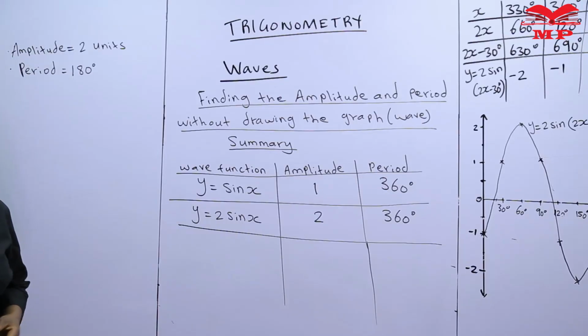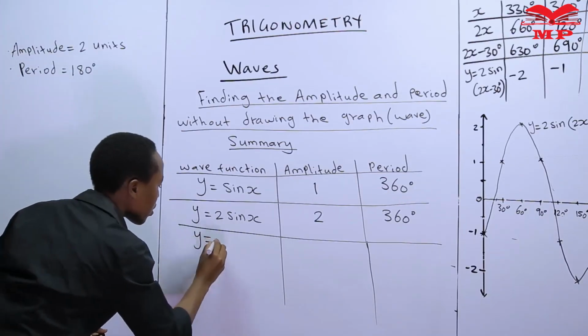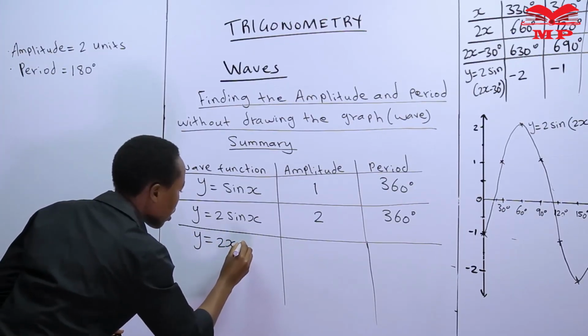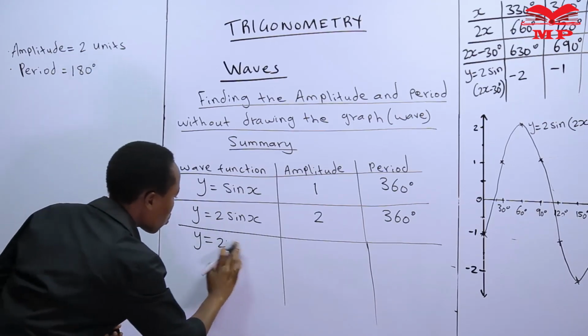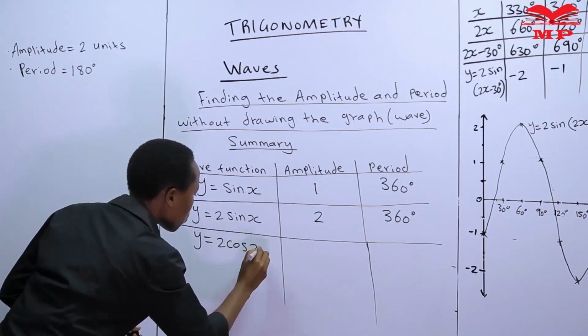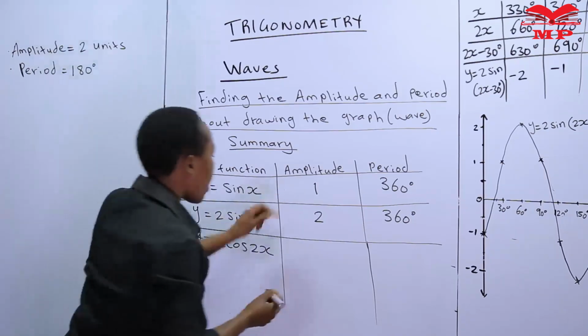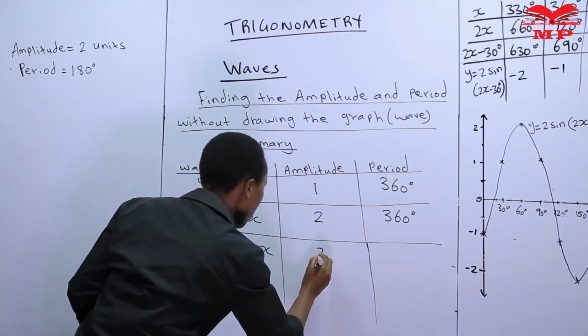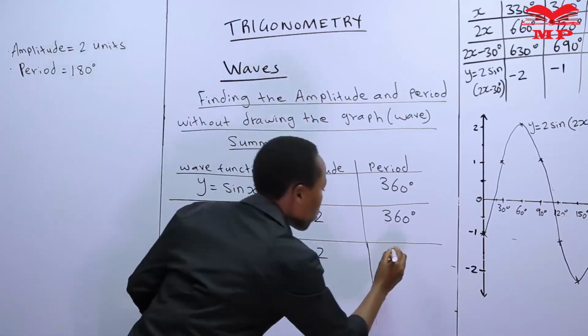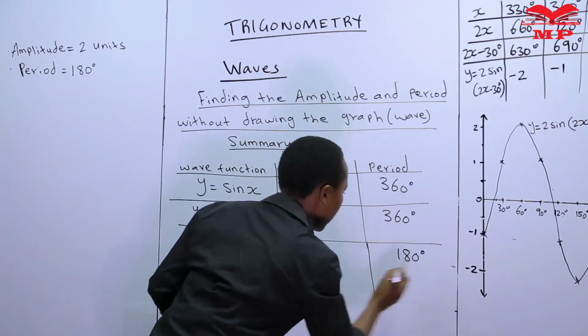Then again we plotted another one whereby y was equal to 2 cos 2x. And here our amplitude was 2 and then the period was 180 degrees.